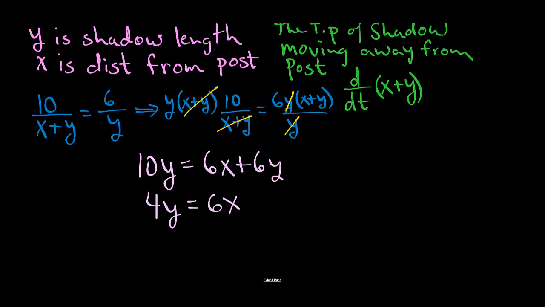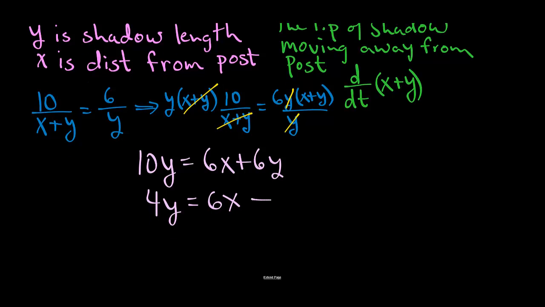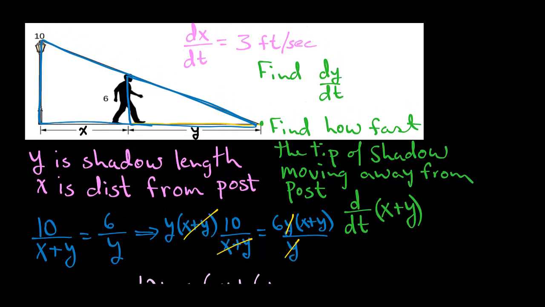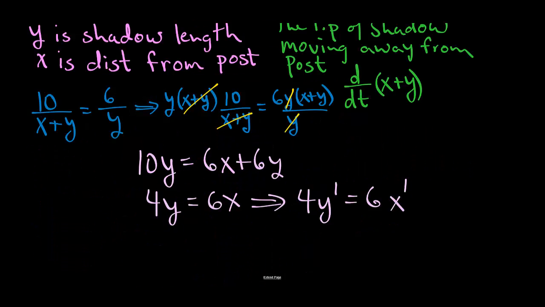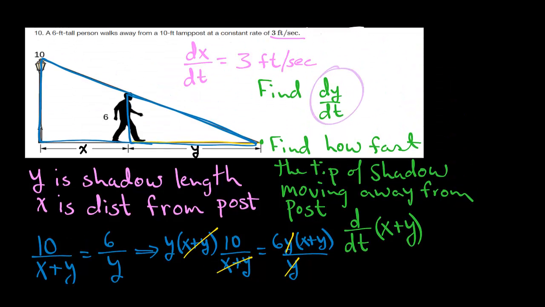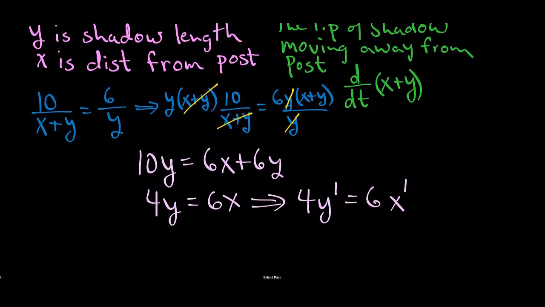Now at this point we're actually ready to differentiate. This is 4y prime equals 6x prime. And remember what I'm trying to do: I'm trying to find dy/dt, and I've been given dx/dt. So I can put in a 3 for x prime.